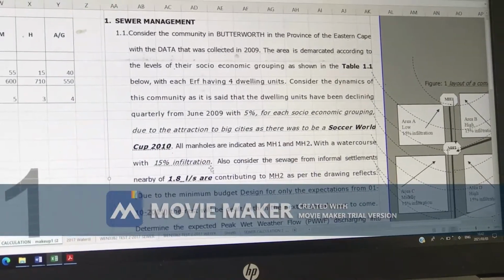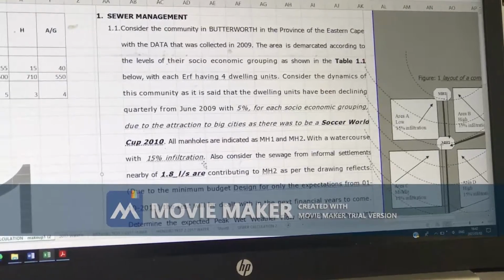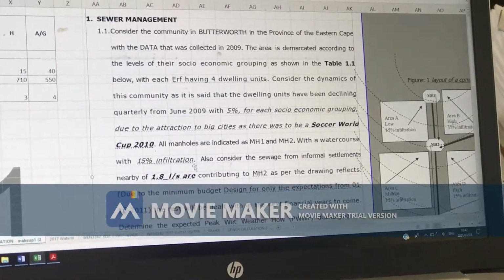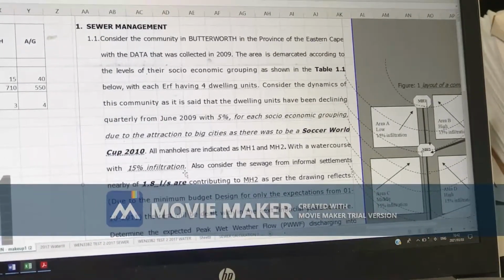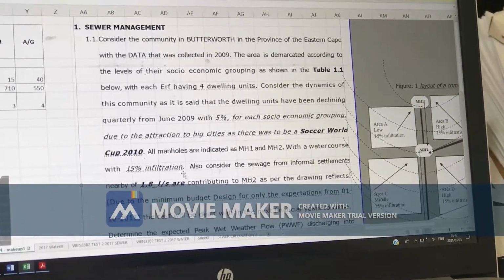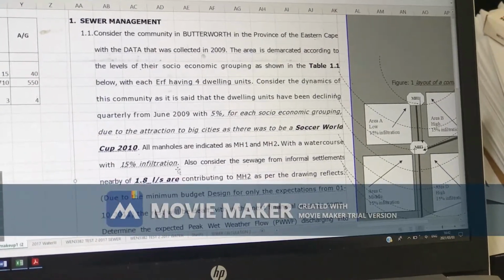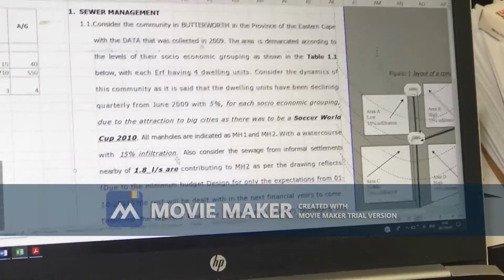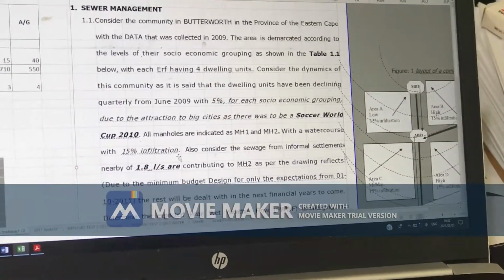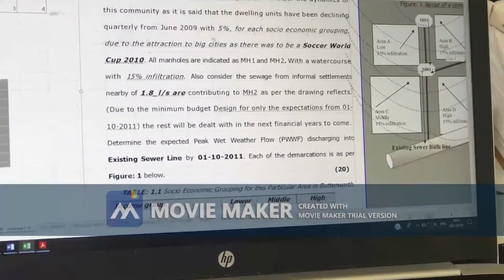And as per the drawing reflects, due to the minimum budget, it is designed only for the expectations from the 1st of September 2011. The rest will be dealt with in the next financial year to come. So that is the statement.